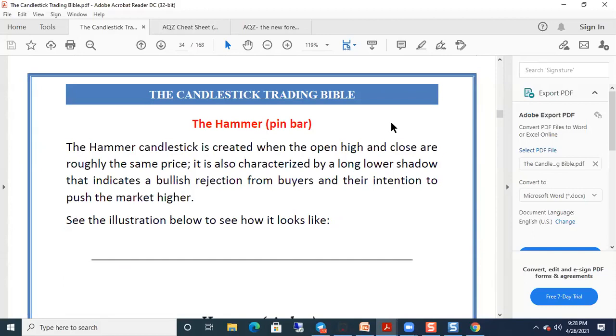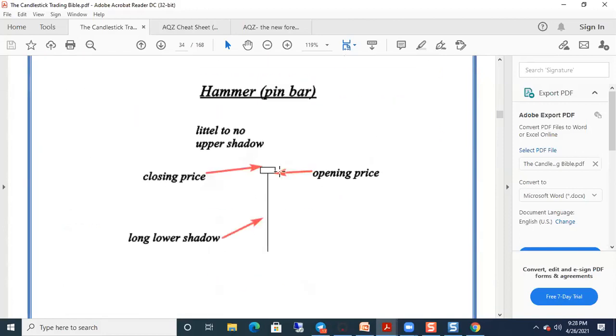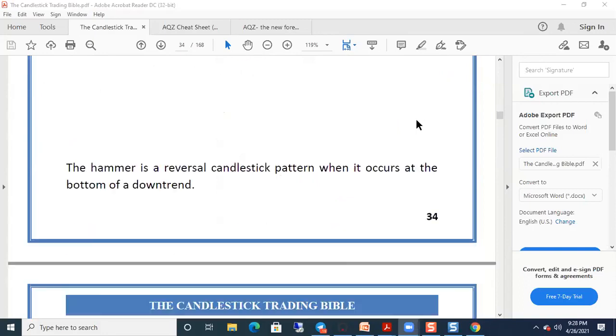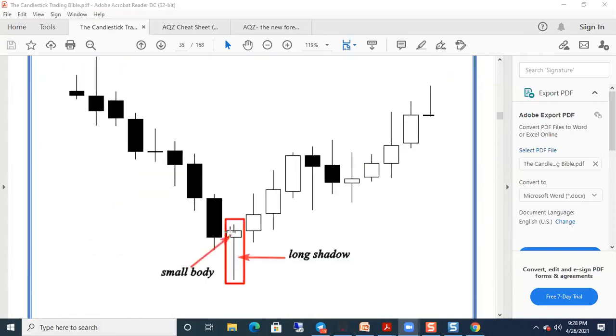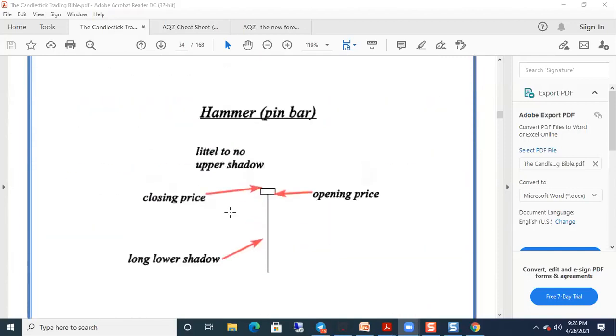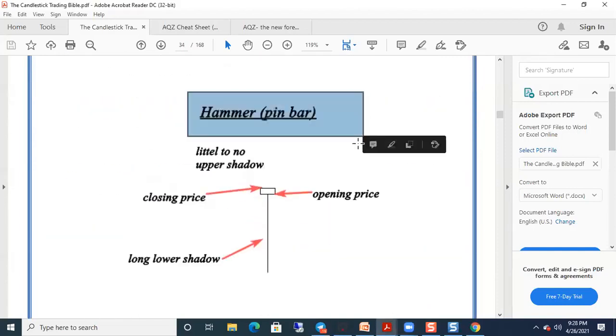It's also known as the hammer. And of course, it looks just like the hammer. The only variation being that in real life, sometimes it will have a small wick at the top. You find that very often. So in this case, again, note this. This is a pin bar.